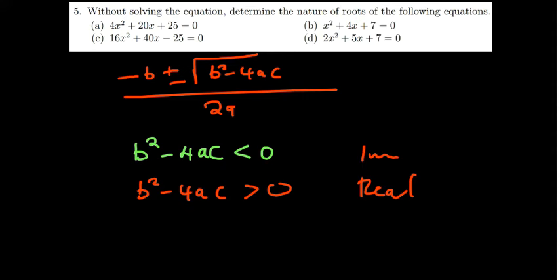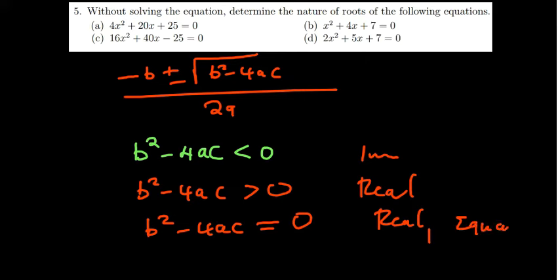In a case where b squared minus 4ac is equal to 0, they are real because you're able to find the square root of 0, first of all. They are real, but they are also called equal roots, because whether you say plus or minus, you still get the same result.